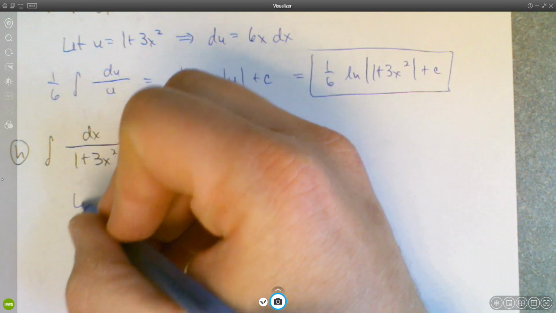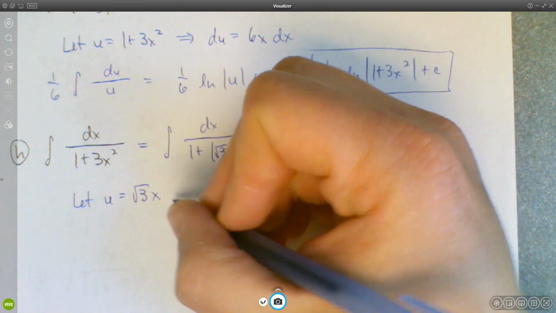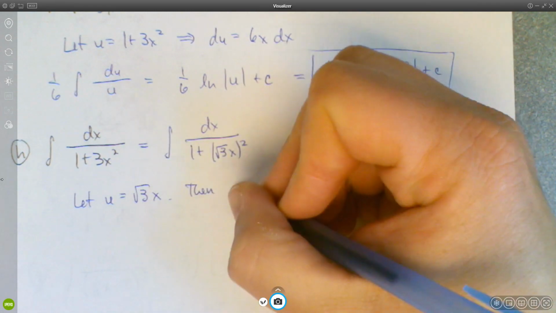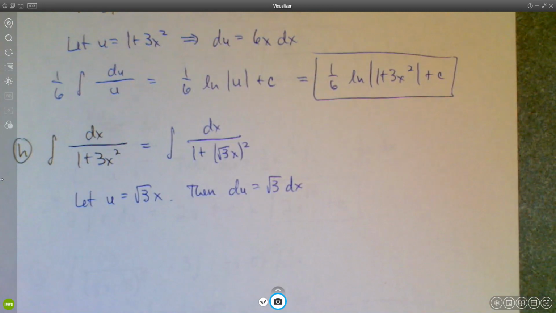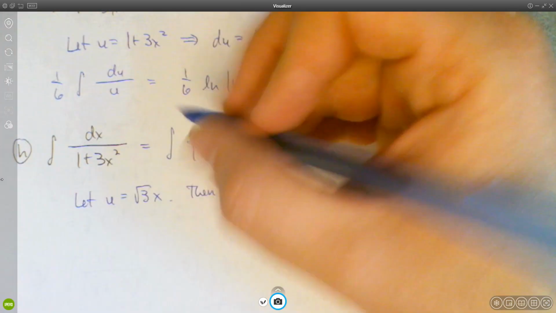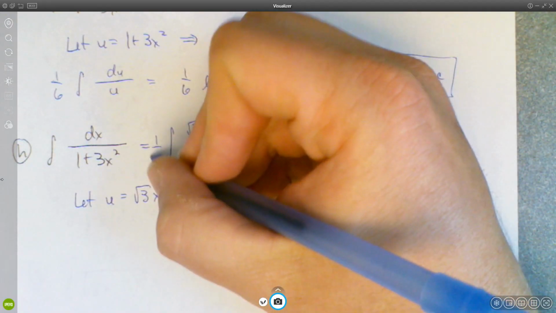So let u equal square root of 3 times x. Then du is going to be root 3 dx. So I can force this to be a root 3 by putting a 1 over root 3 out here.